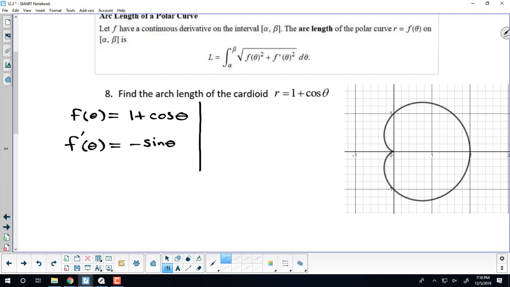I'm going to run out of room here. So f of theta squared, just like in that last one, and f prime squared.